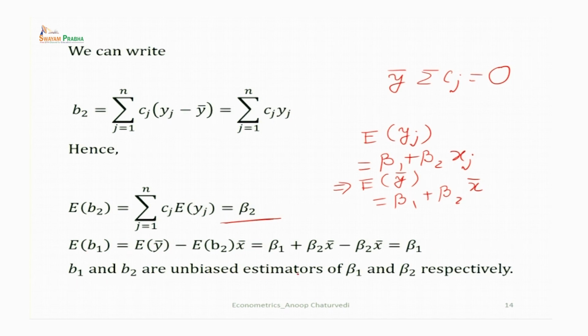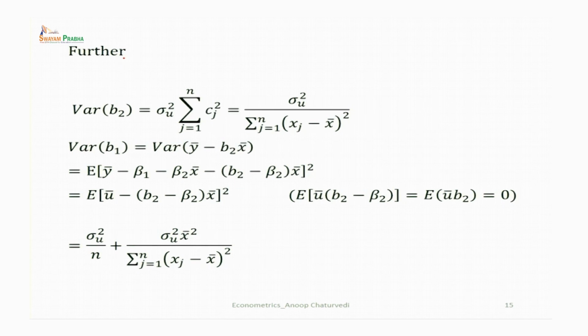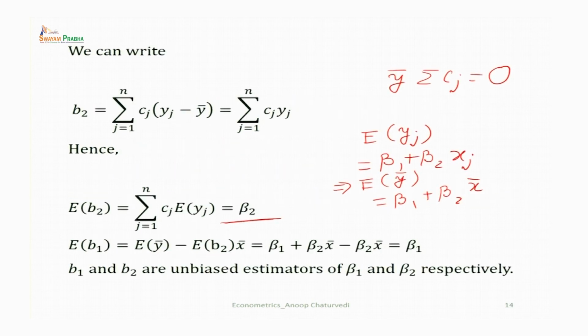So, B1 and B2 are unbiased estimators of beta 1 and beta 2 respectively. Further, you can obtain the variances of B1 and B2 also. Variance of B2 is equal to sigma square u summation over j C j square. Actually, the expression for B2 is summation over j C j y j, and variance of y j is sigma square u.